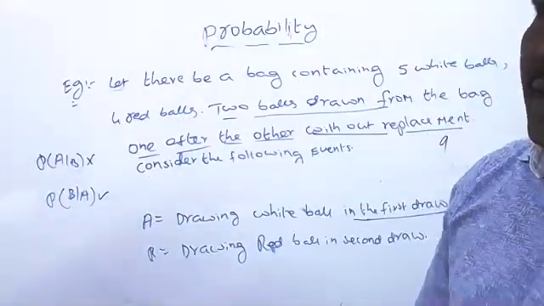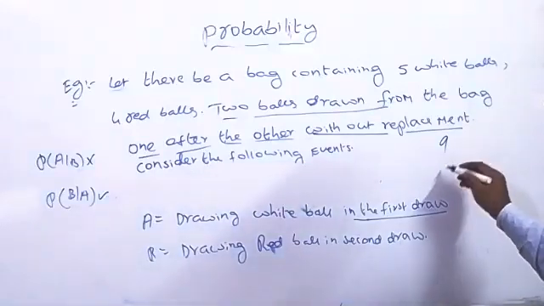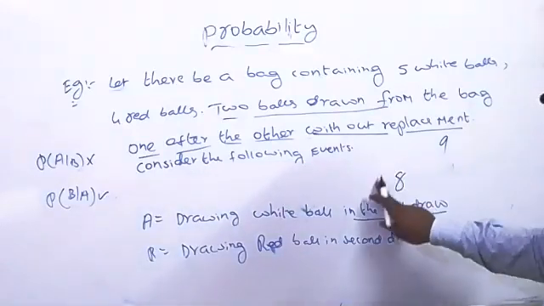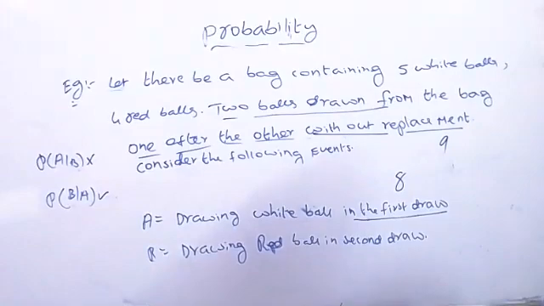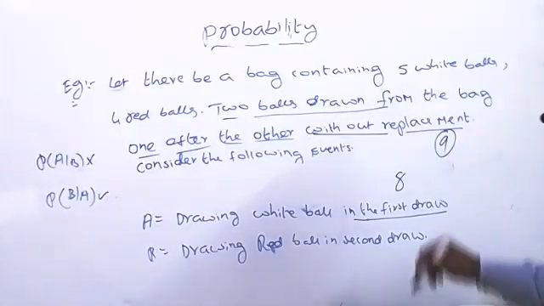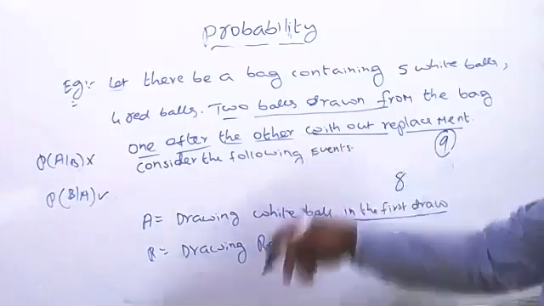And how many balls remain? 8 balls. Total 9 balls are there, and in the first draw we take 1 ball only.